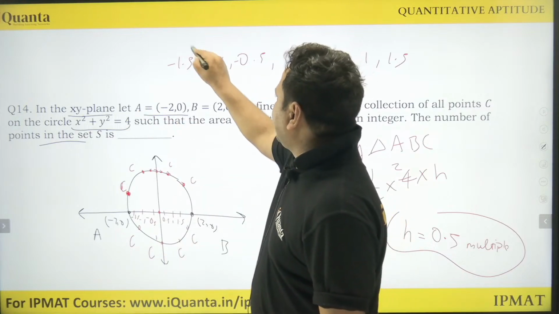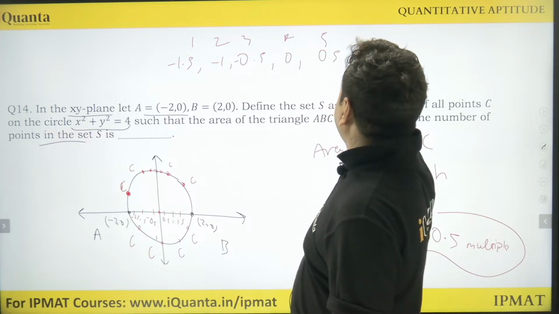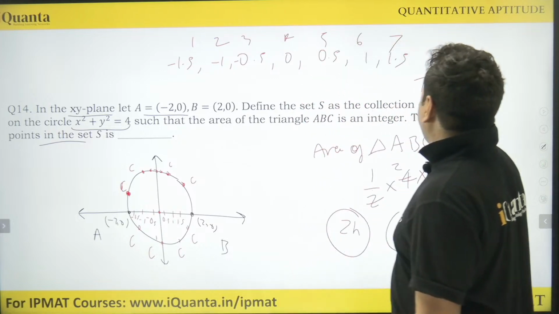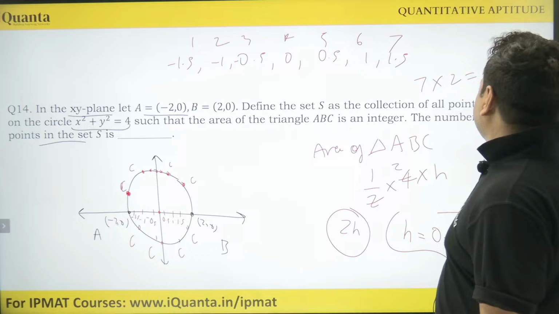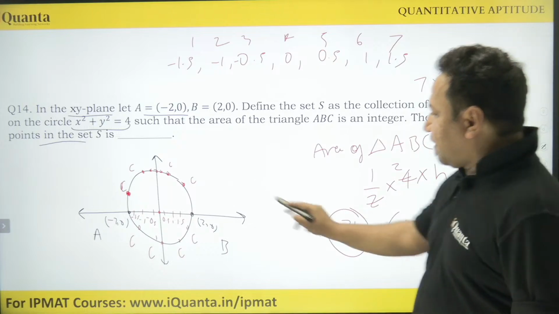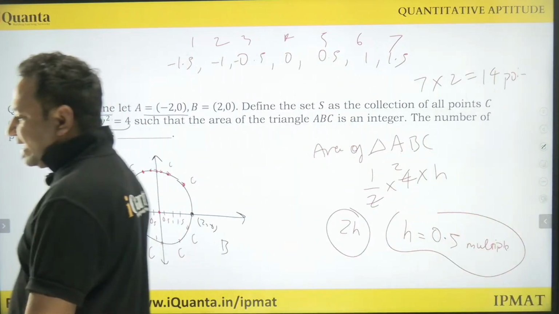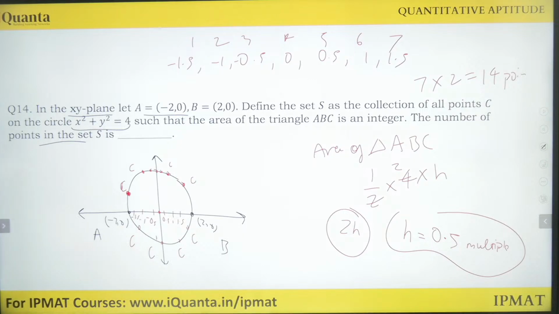We have 1, 2, 3, 4, 5, 6, 7 possibilities, 2 points each. The answer is 14 points. The points that I have marked are the points where C can actually happen to be. Is that clear? The answer is 14.